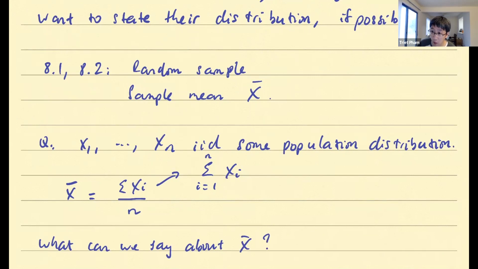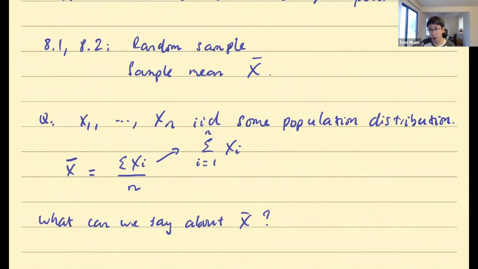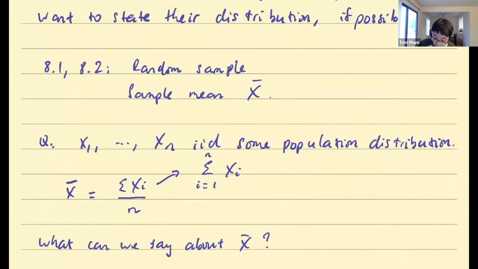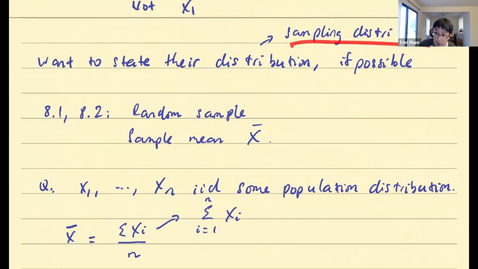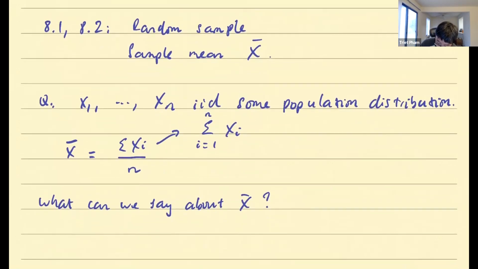Now, whatever we can say about X bar obviously heavily depends on what this population distribution is. Or actually, whatever we can say about the sampling distribution heavily depends on what the population distribution is and how they combine. Let me just put that down as an observation.